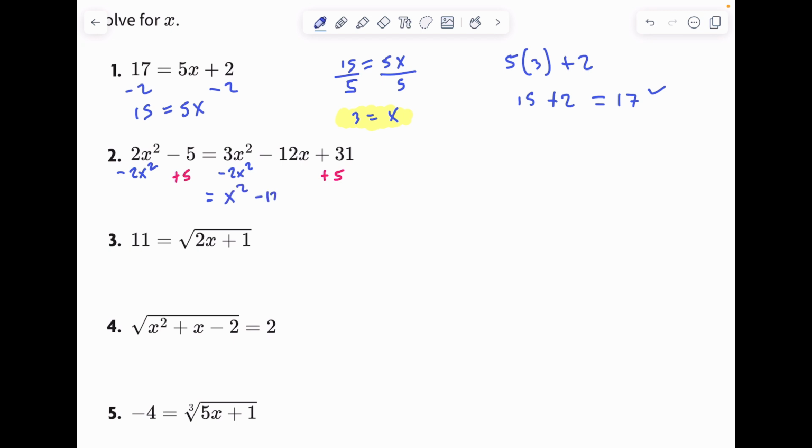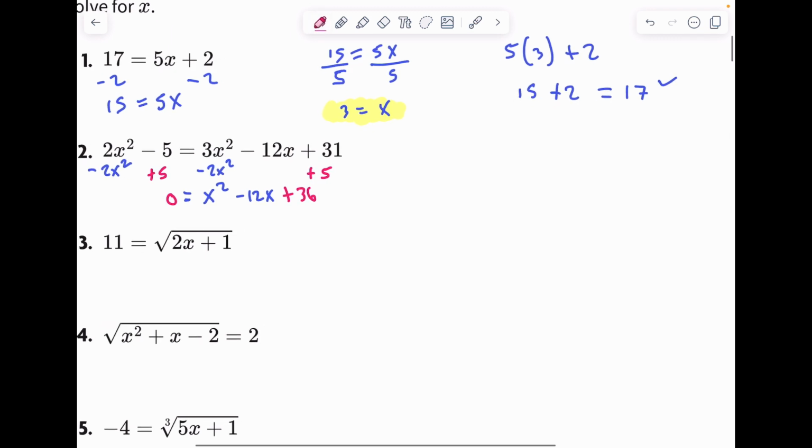This stays there, minus 12x. And then 31 plus 5 is equal to plus 36. Okay? Now all this is equal to 0, right? Because what I did is that I moved all of this over here and I combined all those terms.